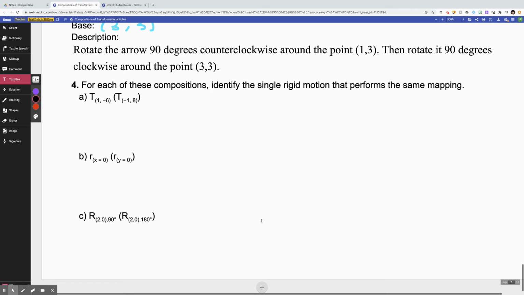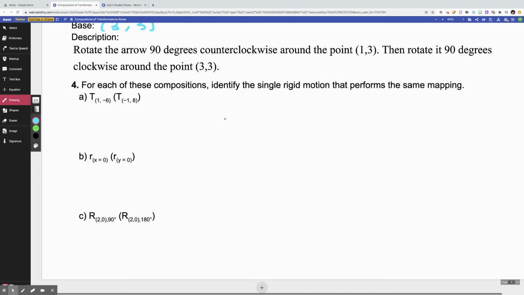All right, so really quickly for these last few, this is a set of compositions, and we want to figure out how we could do this in one transformation rather than using two. With these, you just have to map it out and see what happens. You can pick any point, any shape, and map out what's going on. So here I have two translations.